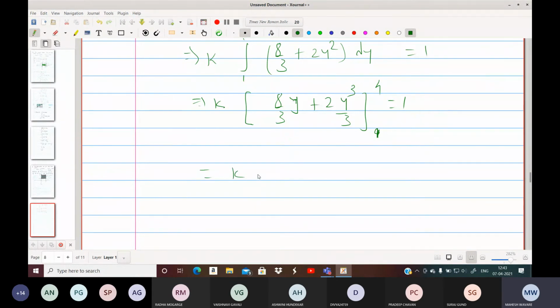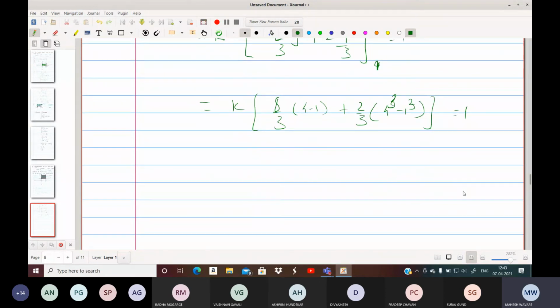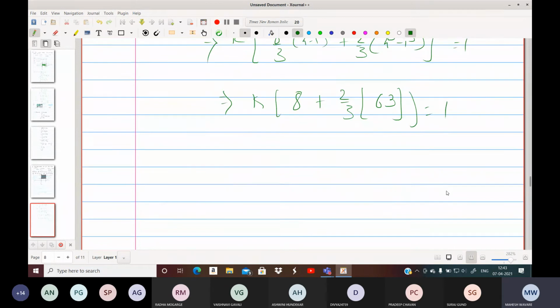So k, first we want to write the value of k. So 8 upon 3, upper limit minus lower limit, plus 2 upon 3, upper limit minus lower limit, 4 cube and 1 cube. Okay, can you calculate this? 4 minus 1 is 3, it implies 3 cancels, plus 2 by 3, 4 cube is 64, 64 minus 1 is 63, so it should be 21.